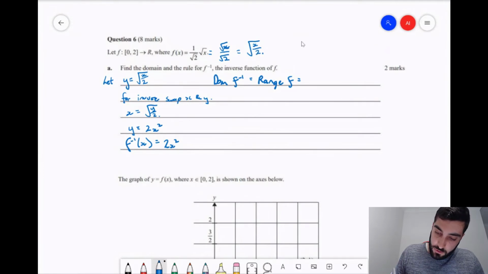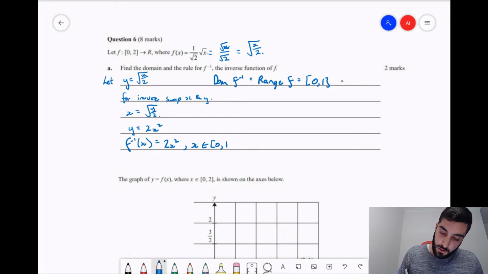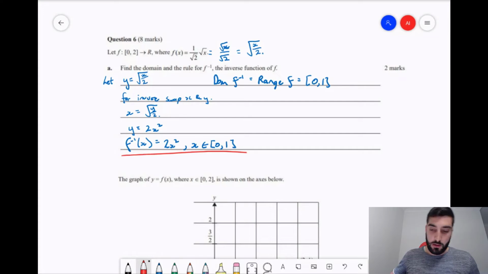So therefore, the range for the function f is from 0 to 1, and therefore the domain for the inverse function has to be the same set of values. So let's finish this off by saying x is an element of 0 to 1. Cool. So hopefully that's nice and clear so far.